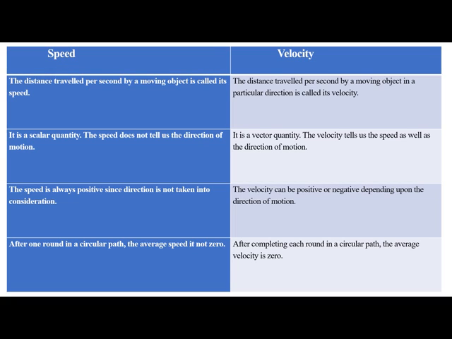Velocity can be positive as well as negative, depending upon the direction. And finally, after completing each round in a circular path, the average velocity is zero. In a circular or closed path, the displacement is zero, so the average velocity also becomes zero.